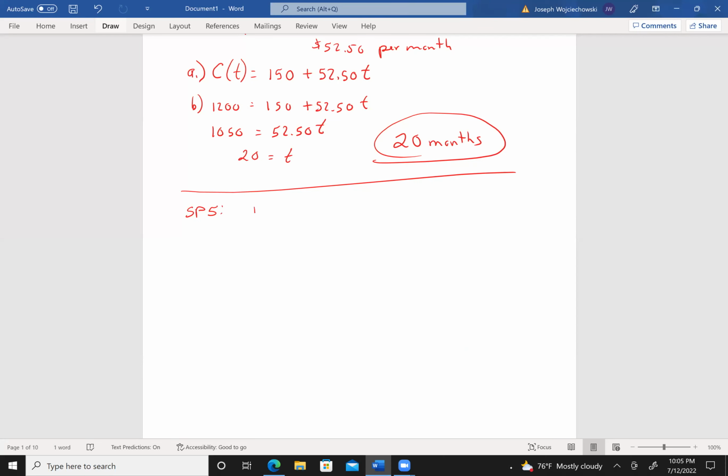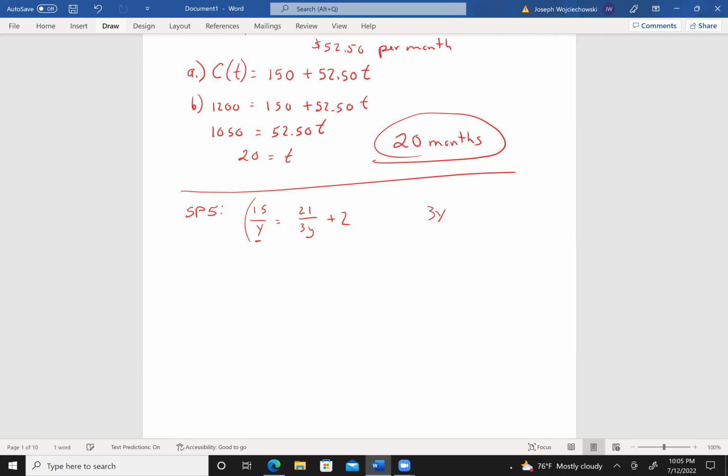We have 15 over y equals 21 over 3y plus 2. What can I do here? We can find our common denominator to get rid of these fractions, which is what? y from here and then 3y here, but we've already got the y, so it's literally just 3y.